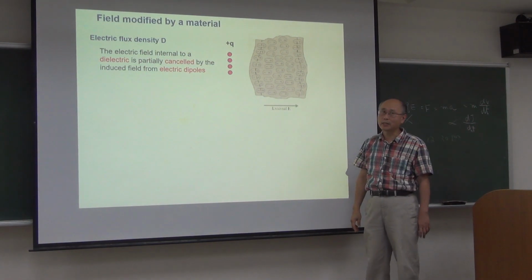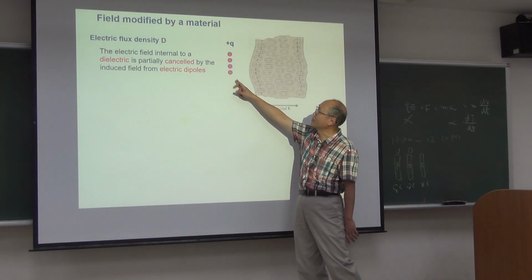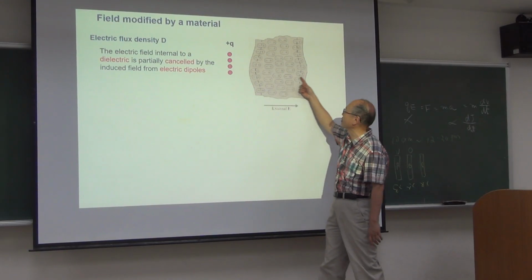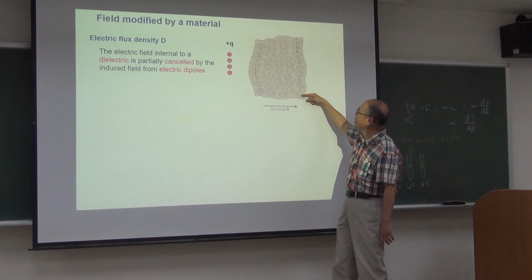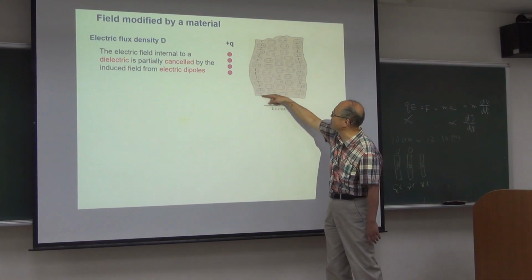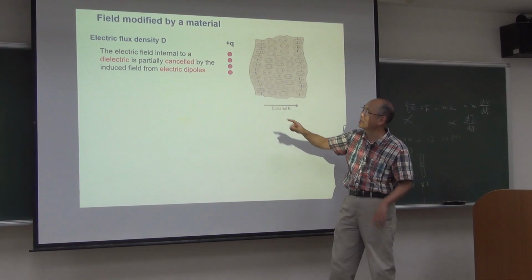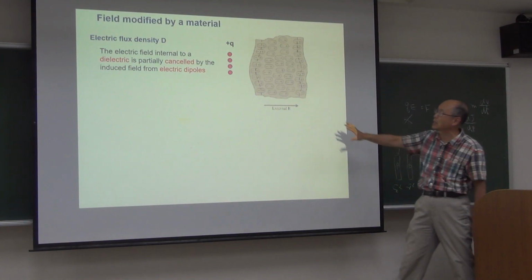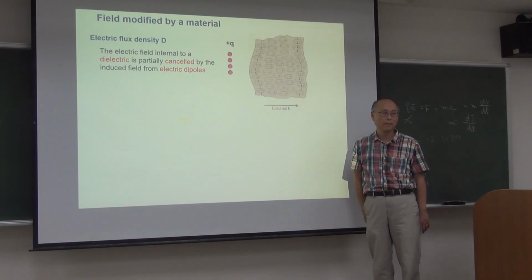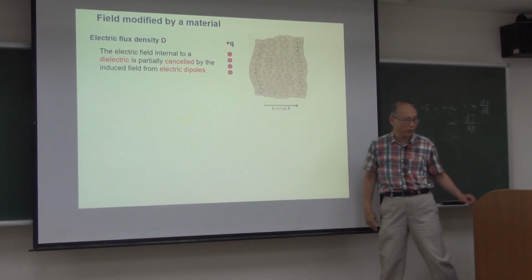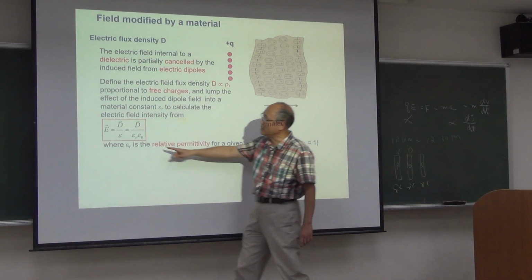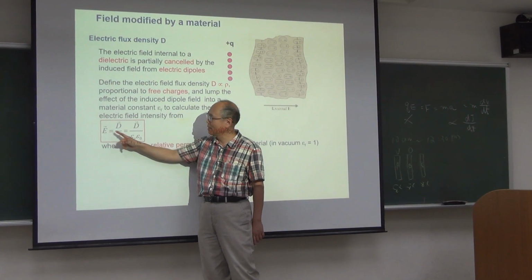Okay. So the net result is that if you have an external field generated by, for example, this positive charge, the electric field is going to go in this direction. But then the internal field is going to go along this direction, okay, to cancel this external field. So the net result is that the electric field inside this material is reduced, because of this polarization effect. Okay. So you end up having a reduced electric field.